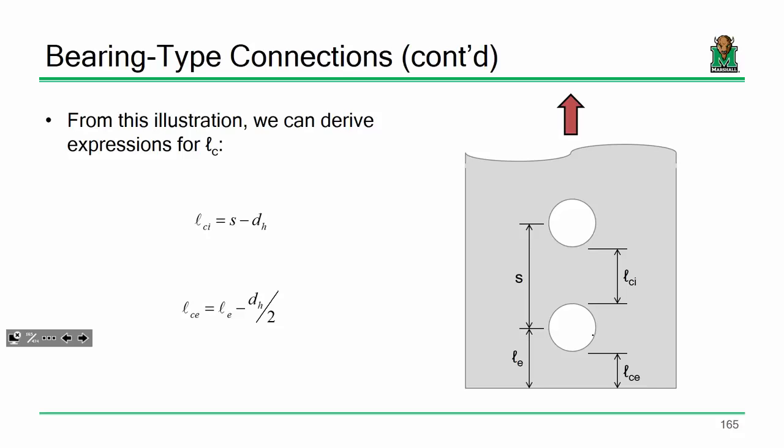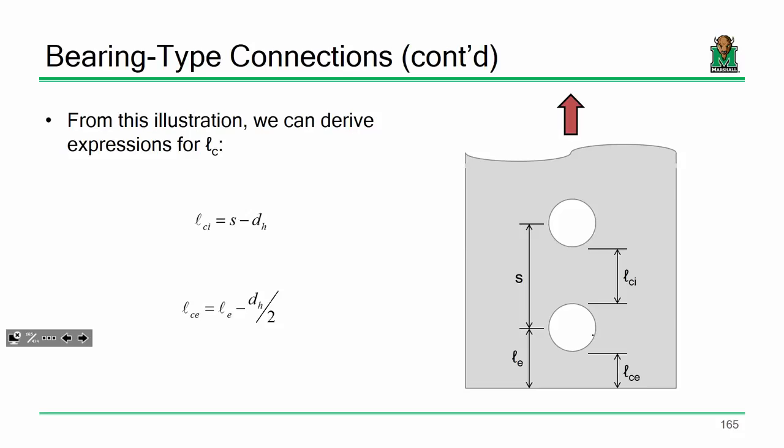I take L sub E, and I take off what? Half a hole diameter, right? Or a radius, if you will. So L sub C on the edge bolts is the edge distance minus half a hole diameter. So far, so good? All right, now that's for the edge bolts. For the interior bolts, here's bolt spacing, and what I'm going to do is take out half a diameter, another half a diameter, so I take off one whole one, right? So here's L_CI, the clear distance for an interior bolt: spacing minus hole diameter.